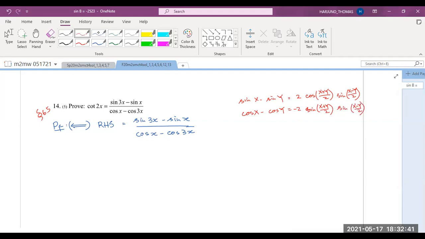Those are the formulas. So using those formulas, on the numerator, sine 3x minus sine x, sine minus sine is 2 cosine the sum over 2, sine the difference over 2.